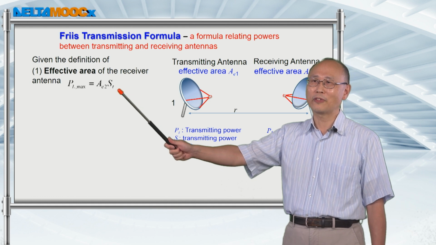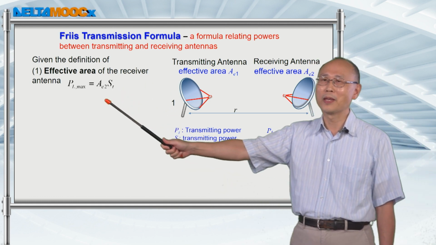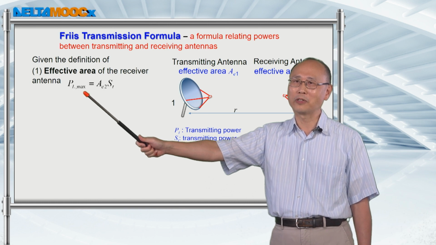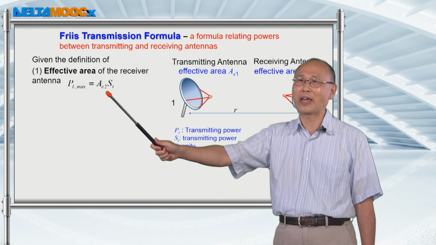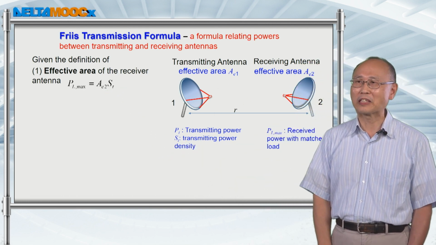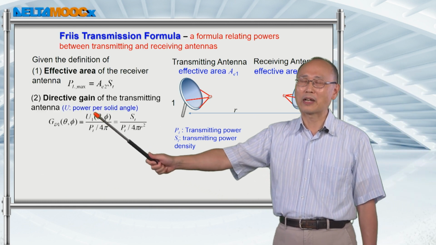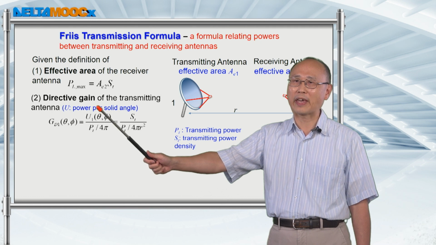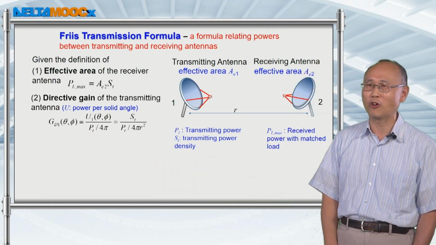So let's first look at the effective area definition, which is the matched load power to the receiver antenna equal to the effective area of the antenna multiplying with the power density on this antenna. And we also know that the definition of the power gain is given by this expression from section 16.4.